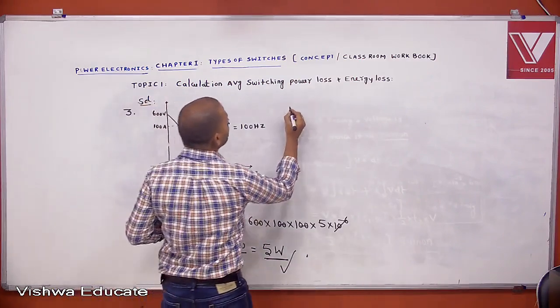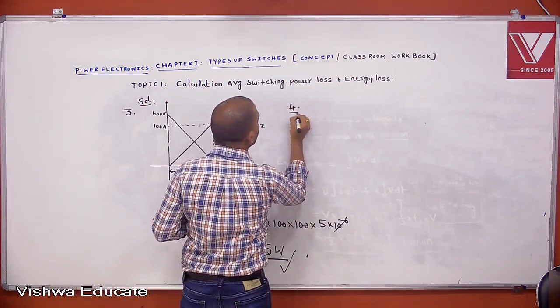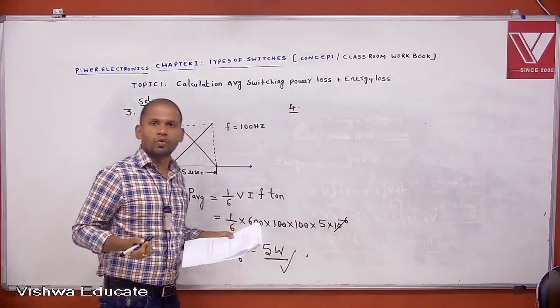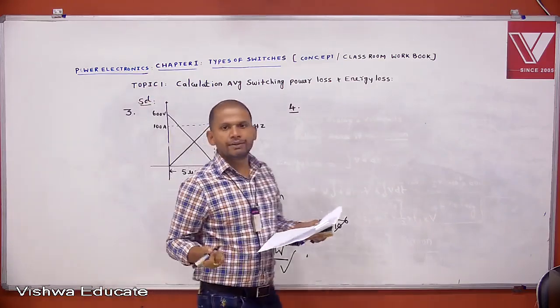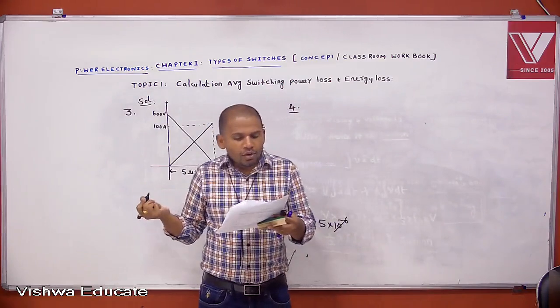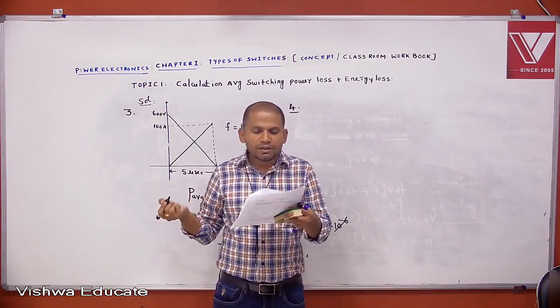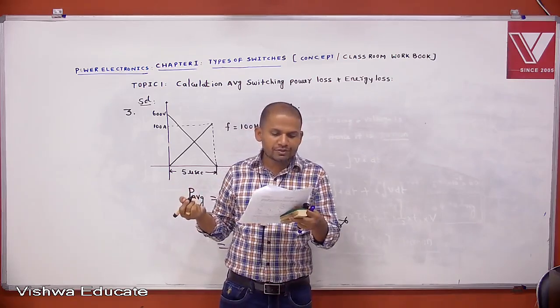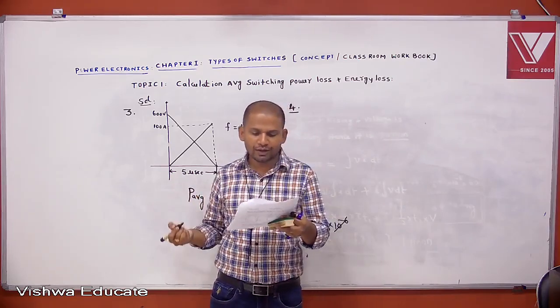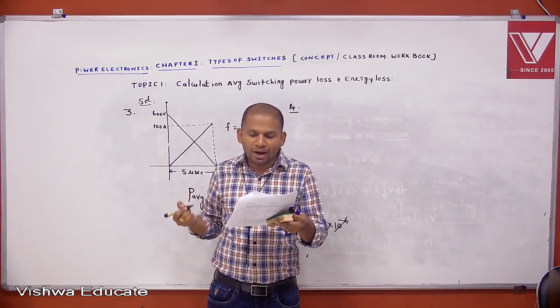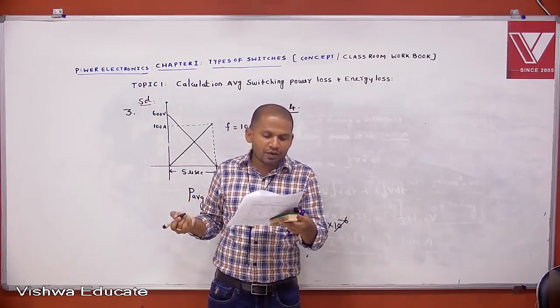Fourth one in the same topic. Problem number 4. During turn on and turn off of a semiconductor device, the voltage and current variations are as shown in the figure. Determine the mean power loss for switching at a frequency of 10 kHz.